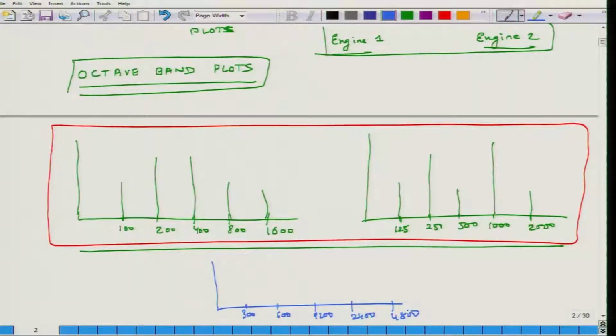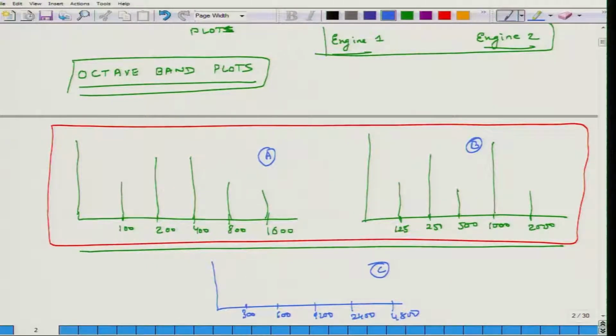If you make a plot for these values, it will also be an octave band plot. So, amongst all these three situations, A, B and C, the frequencies at which data is being plotted are not consistent.